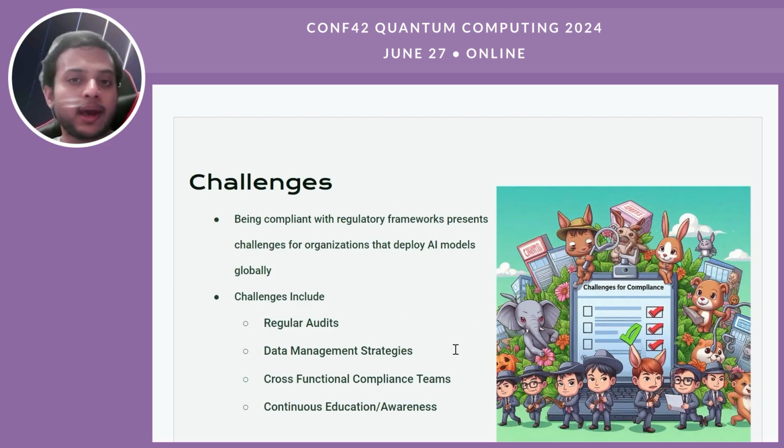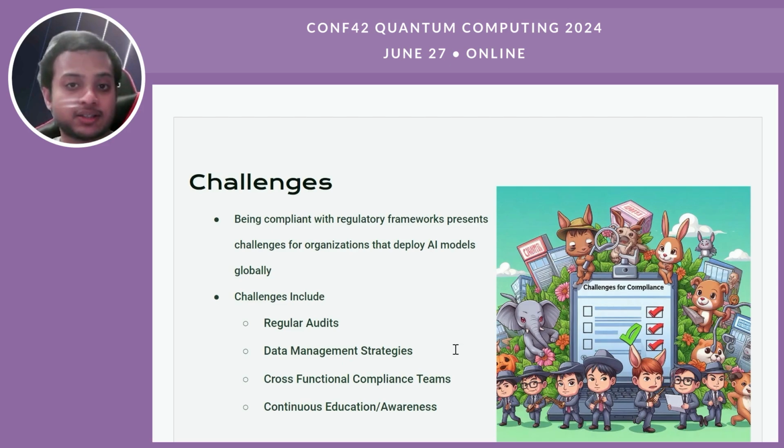So, even if AI systems are compliant with different regulatory frameworks, there are still challenges faced by organizations that perform cross-border transactions. Some of these challenges include regular audits, which could be at a state level, a federal level, or a central level.